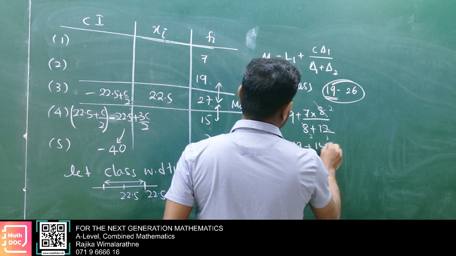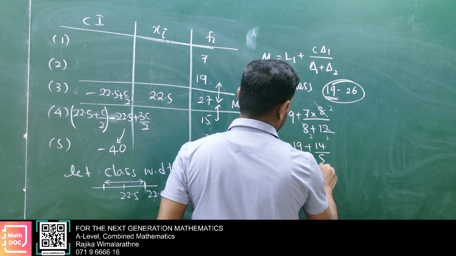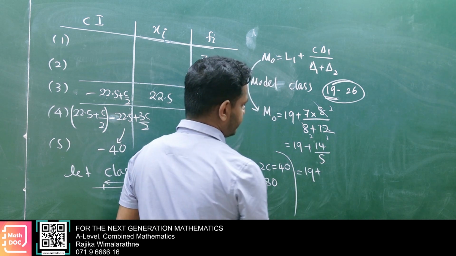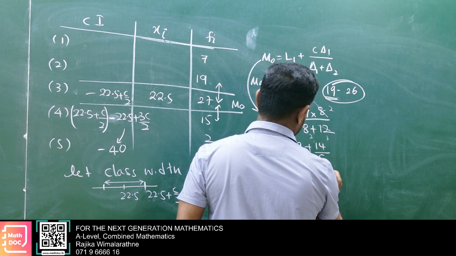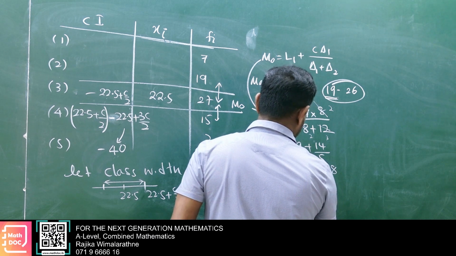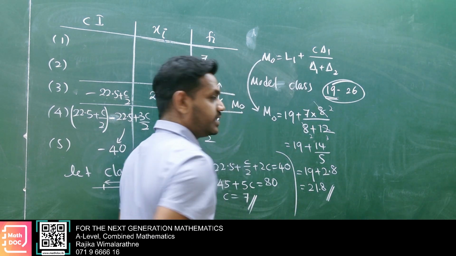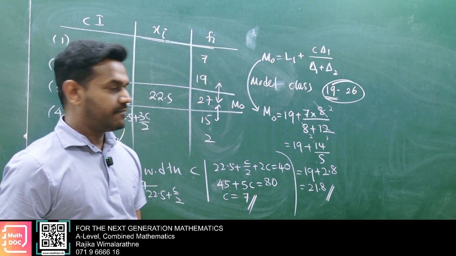So 19 plus 14 over 5, 2.8, 21.8. Here this is the mode.